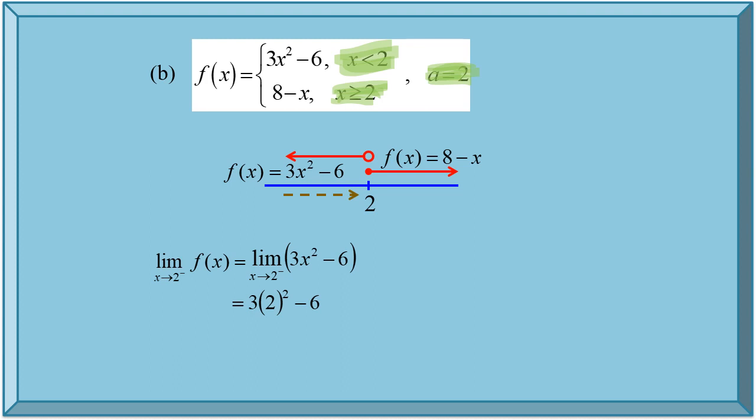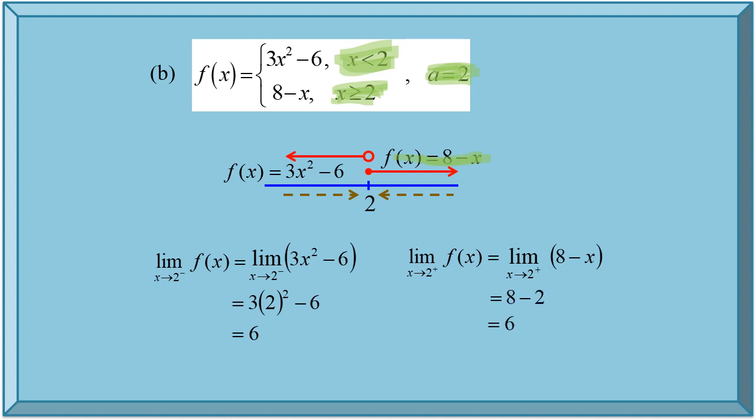So 3 multiplied by 4 is 12, and 12 minus 6 is equal to 6. So this is from the left side of 2. How about the right side of 2? On the right side of 2, we are using the function 8 minus x, right? We substitute the value of 2 into the function. We have 8 minus 2 equal to 6.